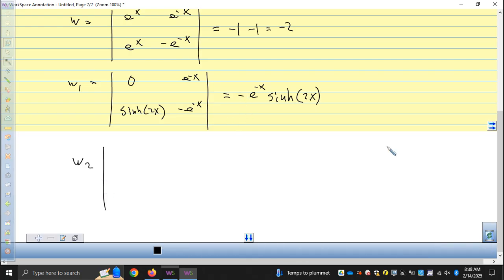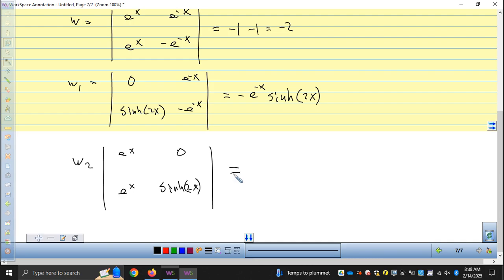Question? Shouldn't that be positive? It's this minus this. Oh. So that's where the negative comes from. W2, e to the x, e to the x, e to the minus x, 0, sinh 2x. So this one comes out to be e to the x, sinh 2x.